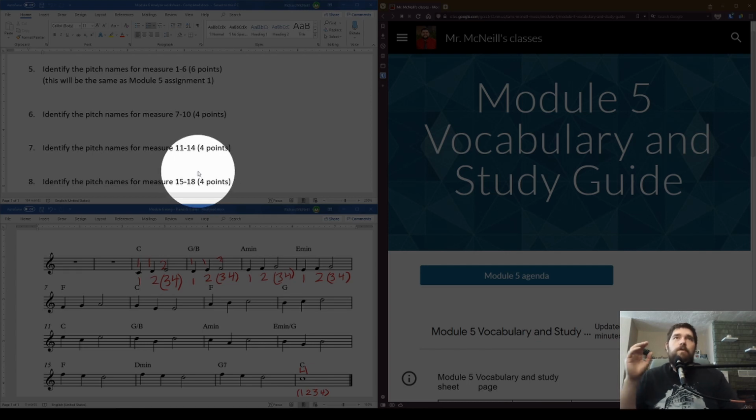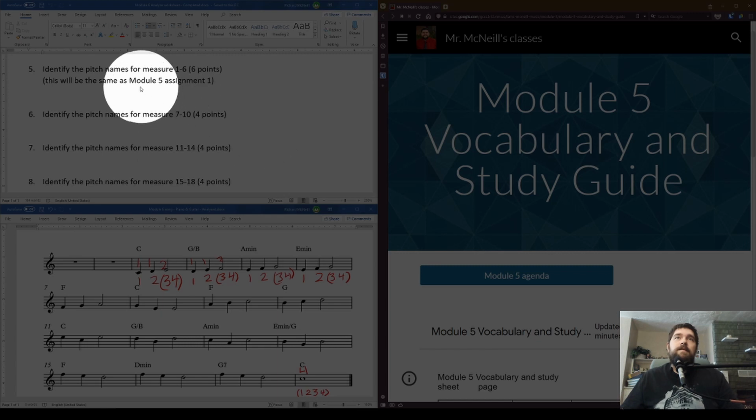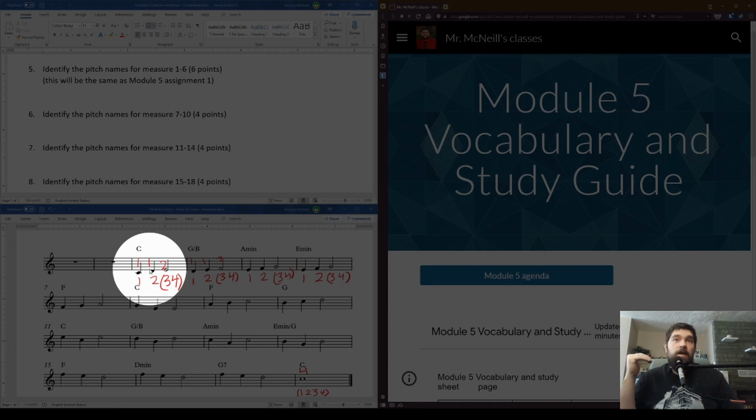This is the same as we were doing with Module 5, Assignment 1. I'm going to use that same document we had open before on analyzing the rhythms, but this time we need to figure out the pitch names.